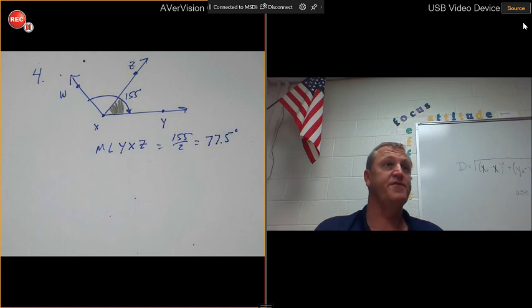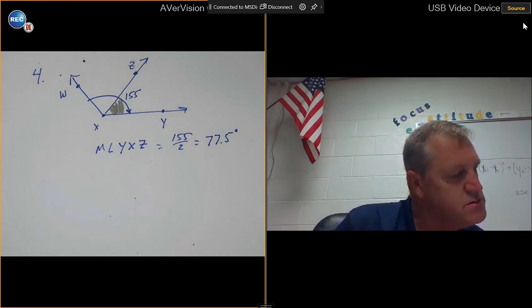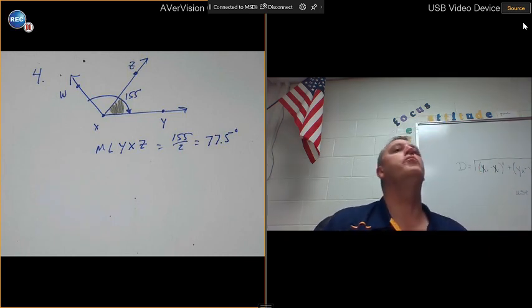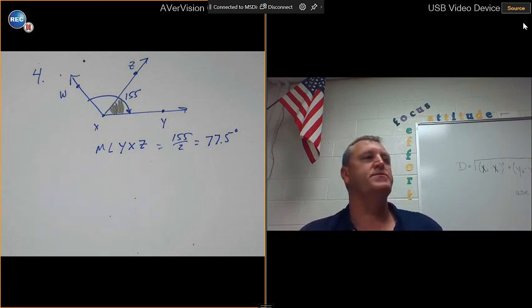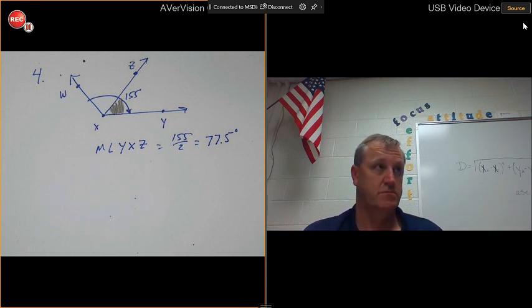Just make sure you go over those definitions. Big concept. They don't talk about it directly on the problems that we did, but linear pair. There will be a question about linear pair. Remember, they're adjacent angles. Questions?